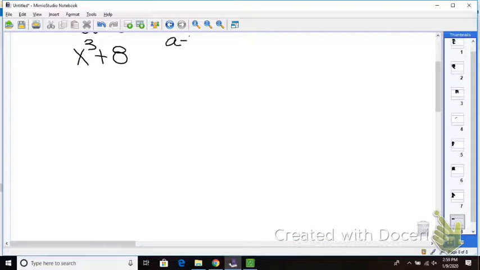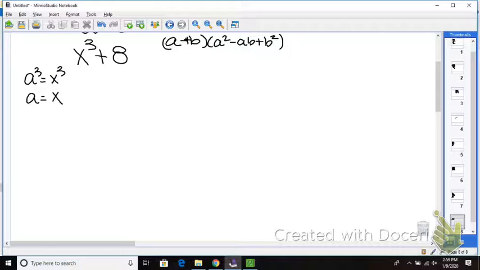So it's going to be a plus b times a squared minus ab plus b squared. Okay, this represents my a cubed. A cubed is x cubed. What does your gut tell you a is going to be if a cubed is x cubed? A would be what? x. Because you're just doing the cubed root to get here.